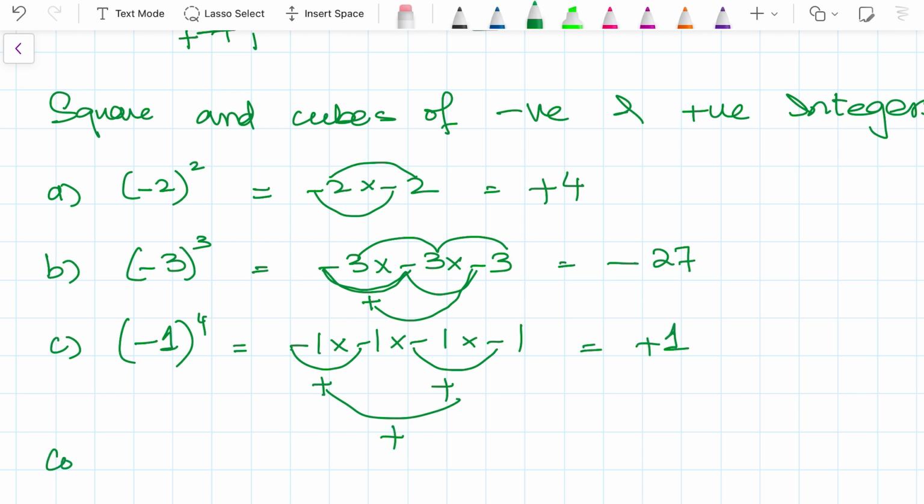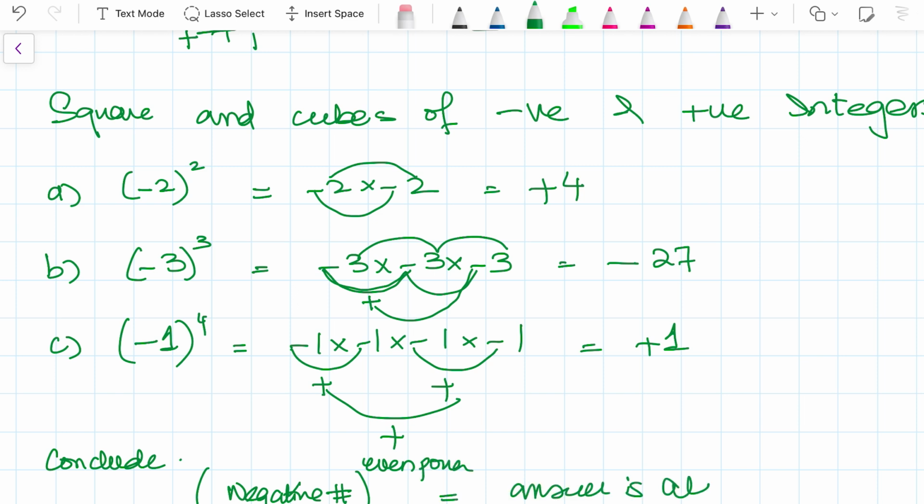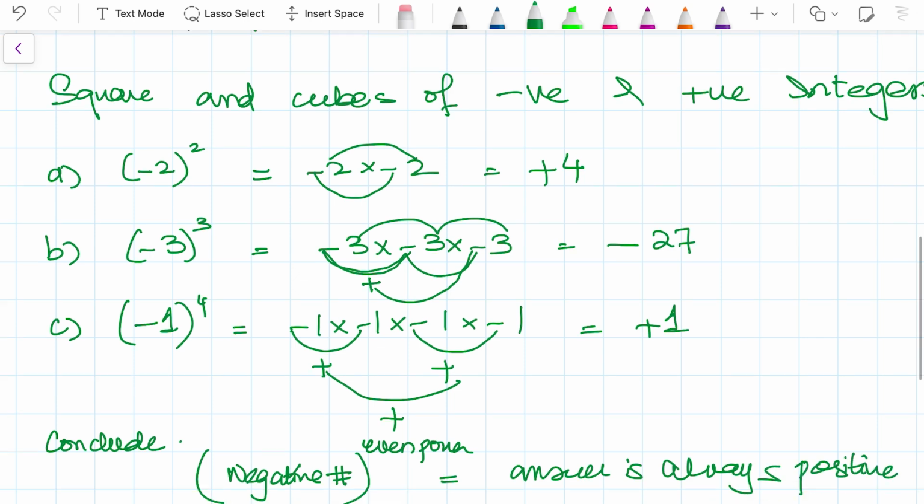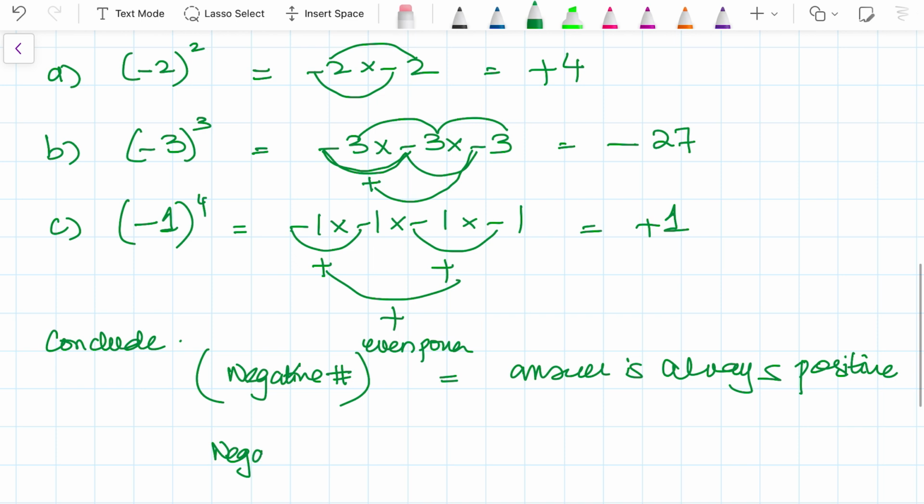So therefore we can conclude that on a negative number, when there is an even power, the answer is always positive. However, on a negative number, when there is an odd power, the answer is negative.